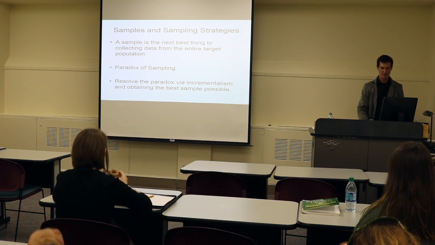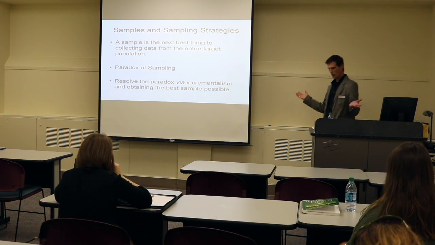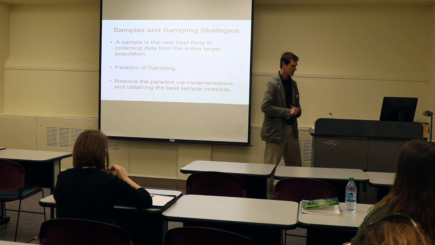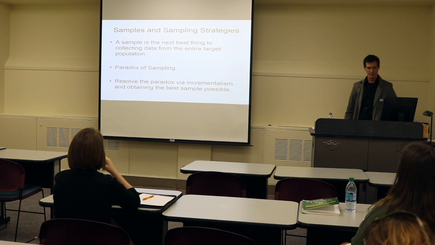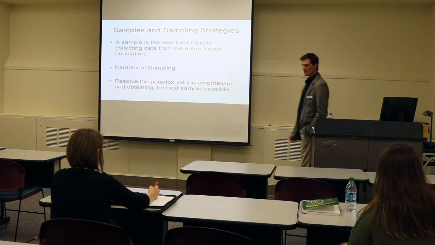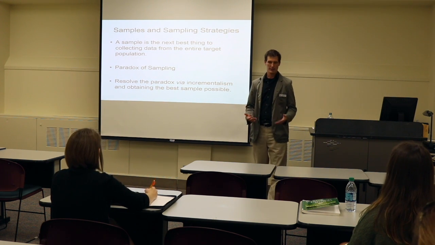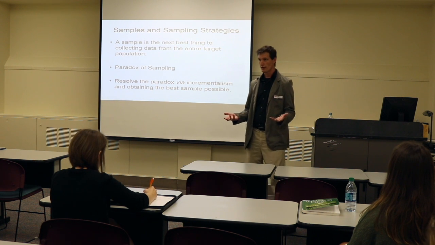So we're going to talk about some of the issues or considerations involved with sampling, different types of samples and sampling strategy. As a way to start, by definition, a sample is the next best thing to collecting data from the entire target population. A lot of times, we don't necessarily have access to the full target population.